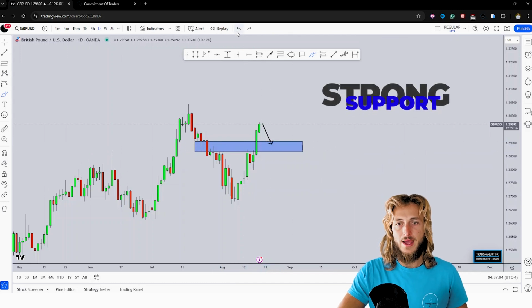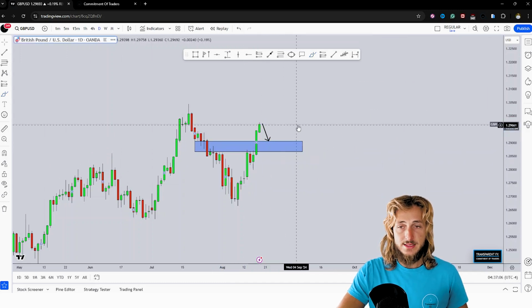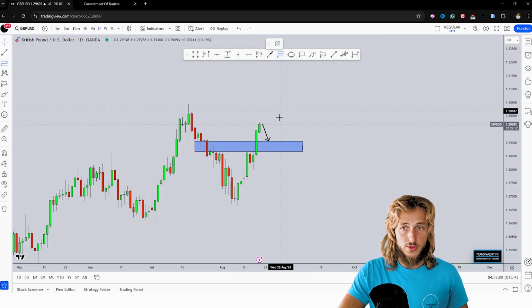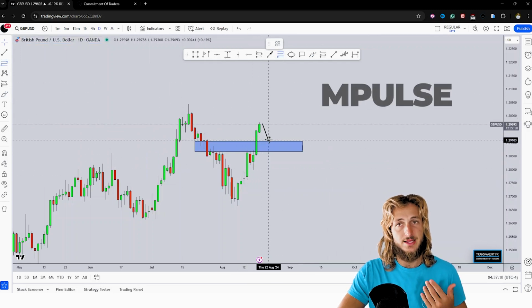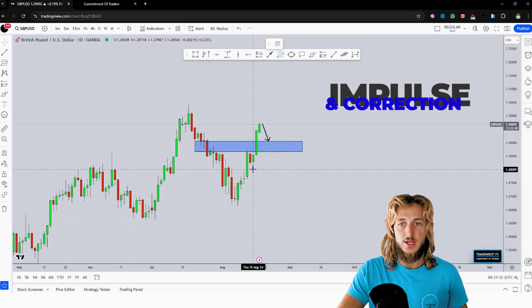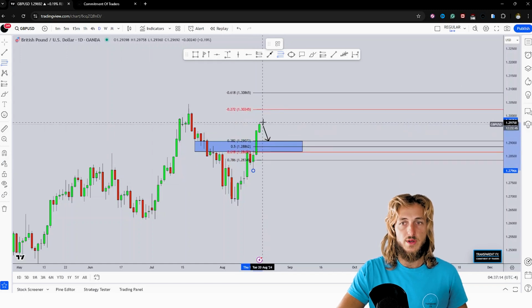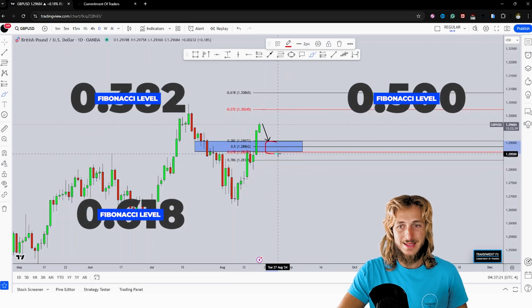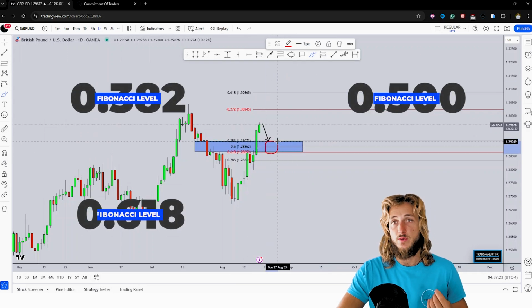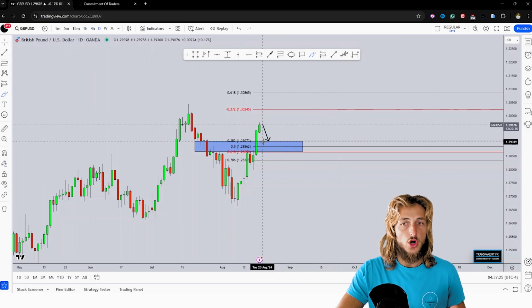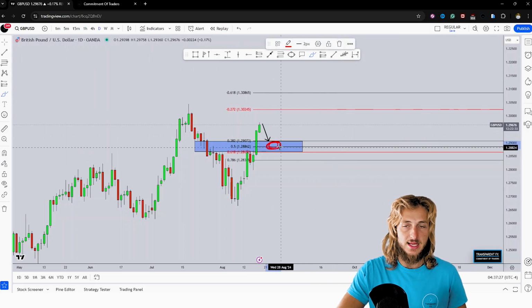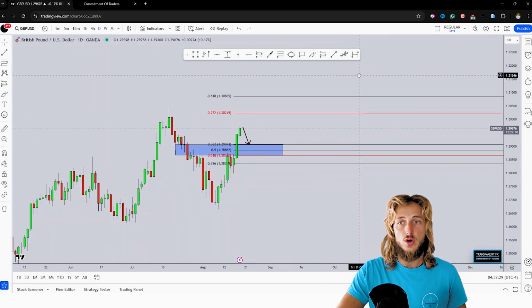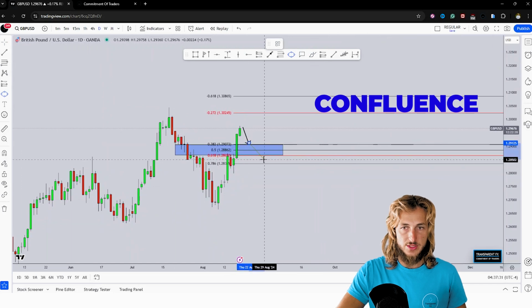If the market will go and retest this level, this is a confluence of support zone, because since we have an impulse and at that point we would also have a correction, if we want to measure that correction, we would have to take our Fibonacci from the low to the high of the impulse leg, which would give us the 0.382, 50% and 0.618 Fibonacci retracement levels, which all would be lining up exactly in this zone, creating confluence of support inside of this area.